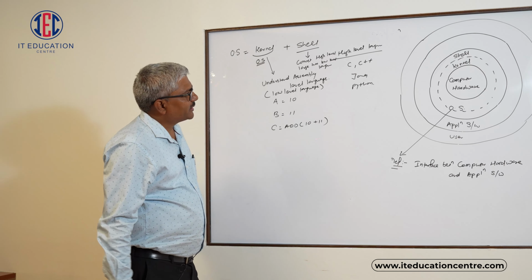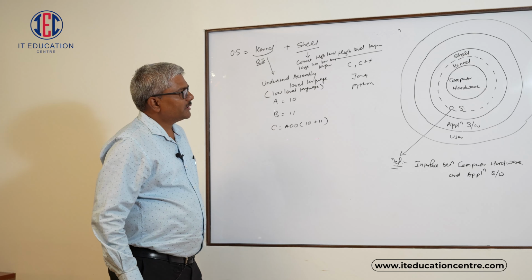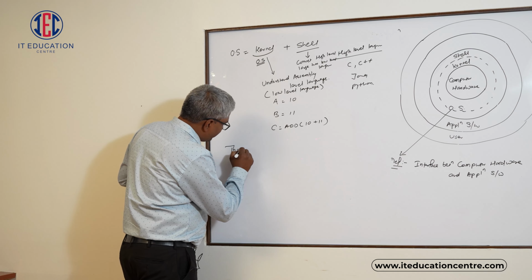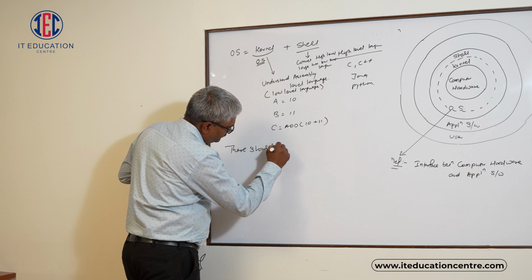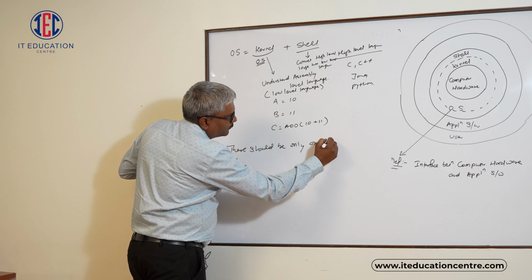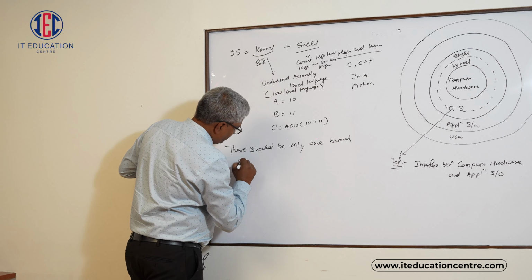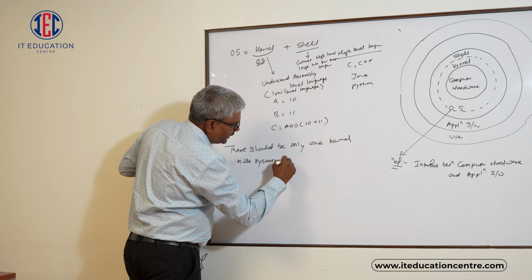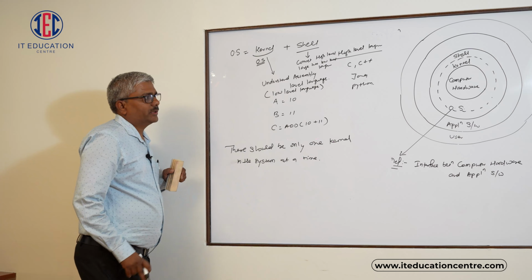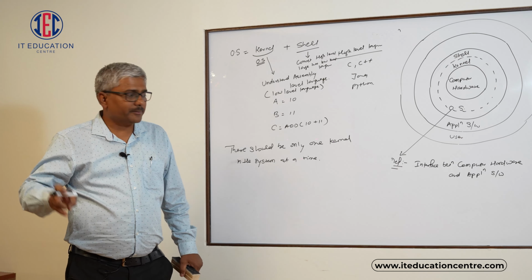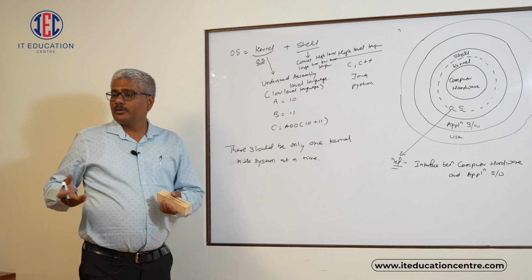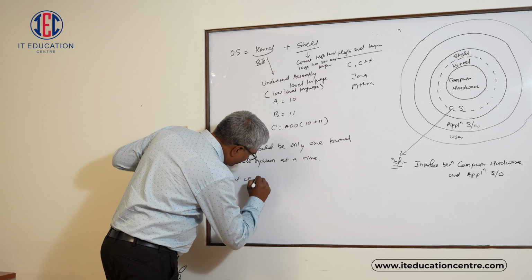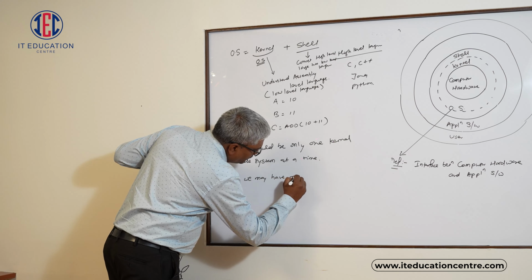So from this we can understand that there should be only one kernel in a system at a time, but we can have multiple shells, because the shell defines a user environment.